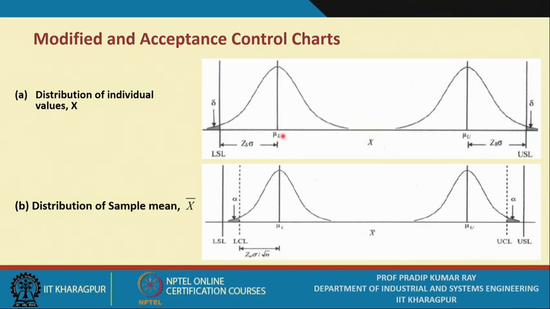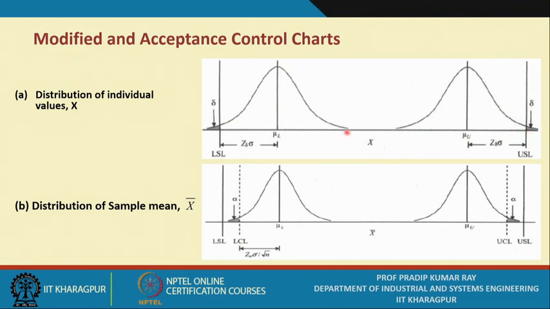The lowest value of the mean you assume somewhere here, and the highest value of the mean is the upper, mu u and mu l. Now there is a shifting. How do you specify the upper limit as well as the lower limit of the process mean such that the proportion non-conforming is restricted to delta?